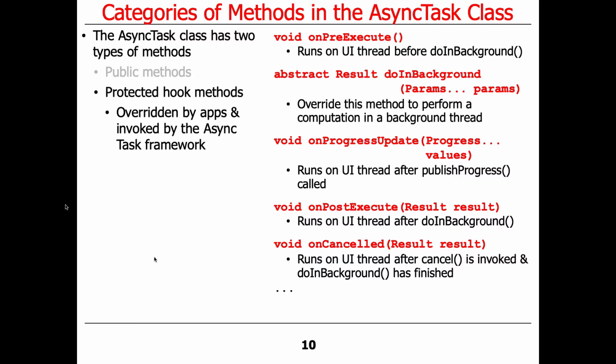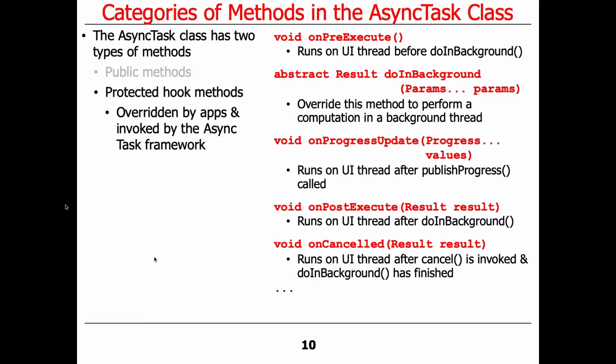onPreExecute runs in the user interface thread before doInBackground, and it provides an opportunity to do anything you need to do in the user interface thread to initialize things such that when the background thread starts to run, the world is in the right state. A classic example would be to pop up a dialog box that says, downloading file, then start downloading the file on the background thread.